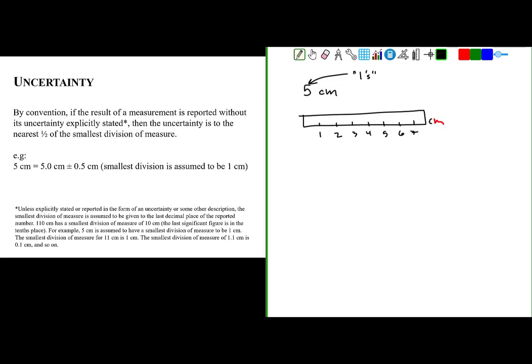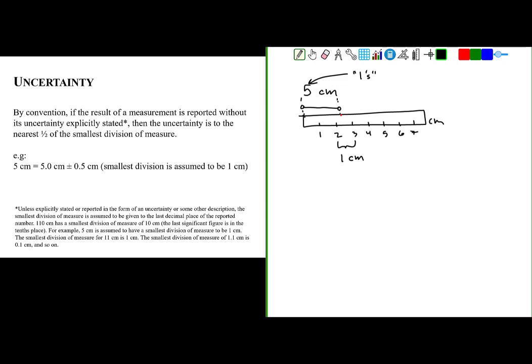The smallest division of measure being in the ones place says the difference between two of our marks is 1 centimeter. If we're measuring something using this measuring device, it's okay to round to the nearest half of the smallest division of measure if we could clearly and reliably do so.